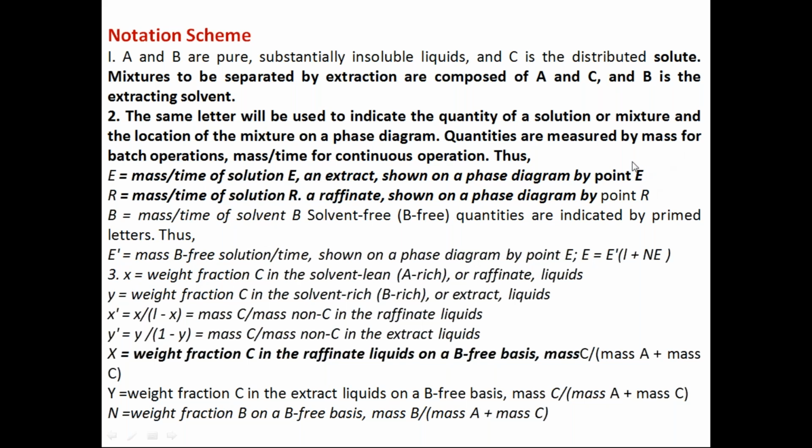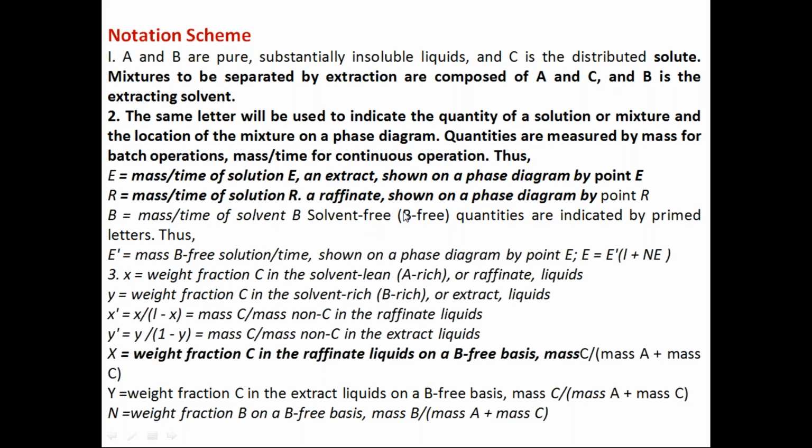So E and R, wherever you find them, just remember that E is extract and R is raffinate. Unless it is specified, they will have all components. That means three components will be there in E, and three components will be there in R. Another one, B: if you indicate with B, B is equal to mass per time of the solvent.